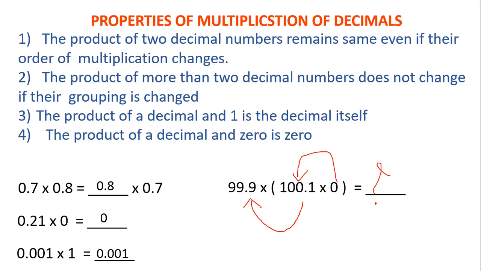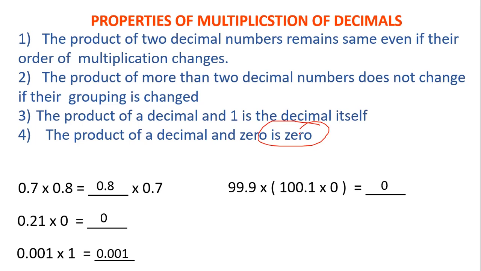As you can see this question is based on property number 4, that is product of decimal number and 0 is 0. 0 into 100.1 is equals to 0. 0 into 99.9 is equals to 0. Hence, answer for this one is 0 itself.